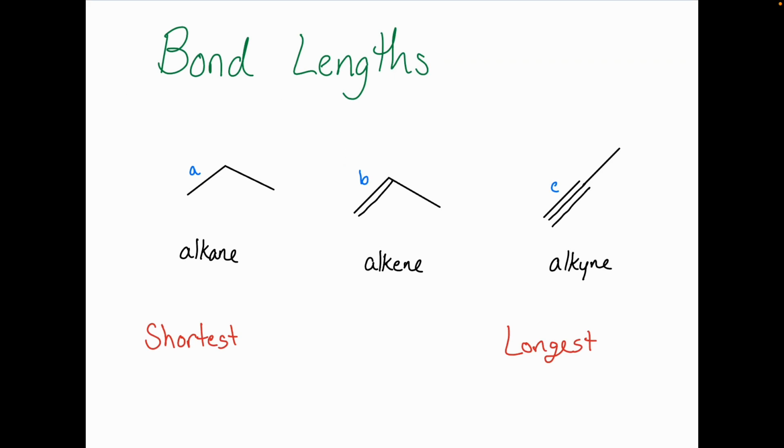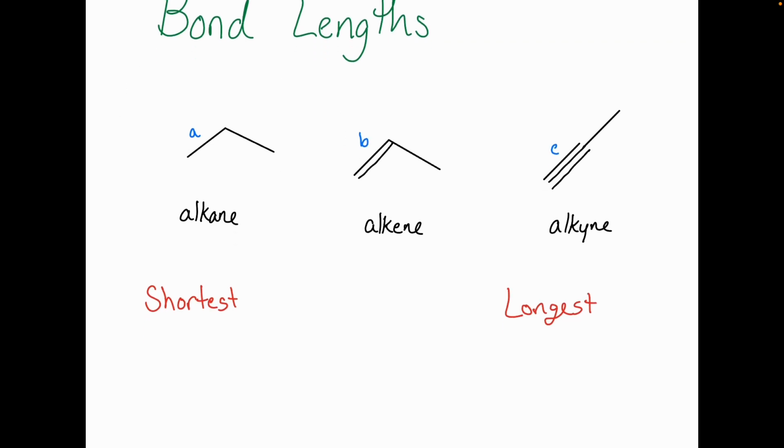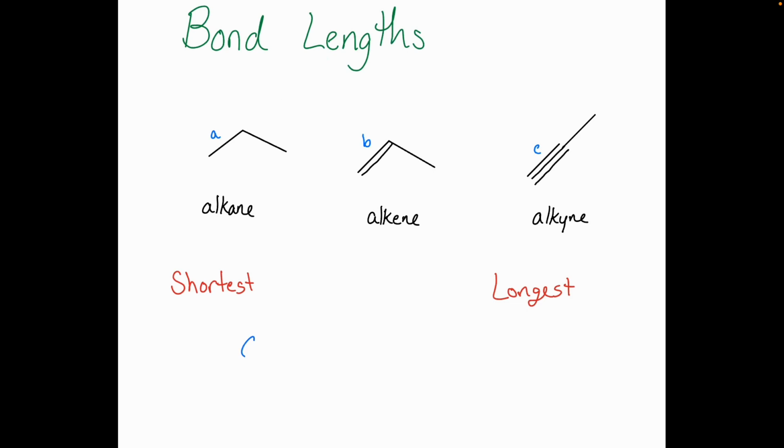So our triple bonds are the shortest and the strongest of all of the carbon-carbon bonds, followed by B, our double bond, and then A, our single bond, right? So we can just say explicitly here, we got triple bonds, shorter than double bonds, shorter than single bonds.